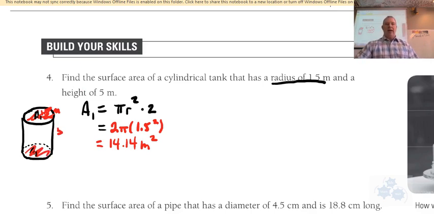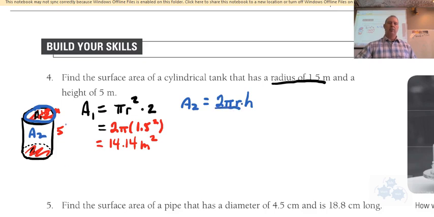The height is 5 meters, so let's do this in blue. Area 2 is going to be, and just like I'm doing, guys, you should write down the formulas as well so you can get used to them and memorize them so that you make sure you don't make a mistake. The circumference around the top part of the circle is 2 pi r.